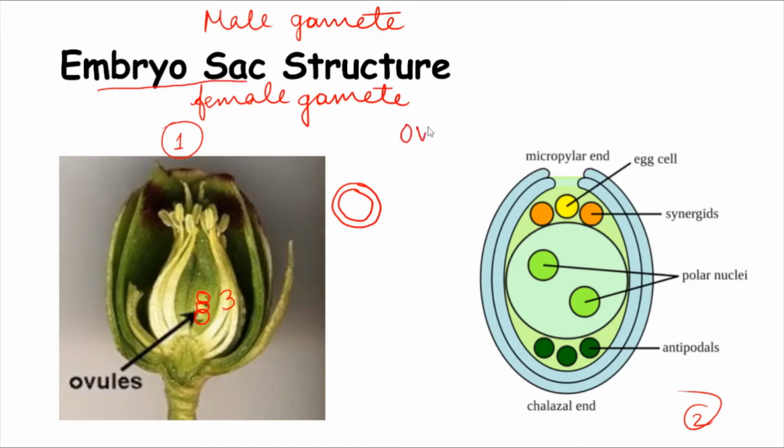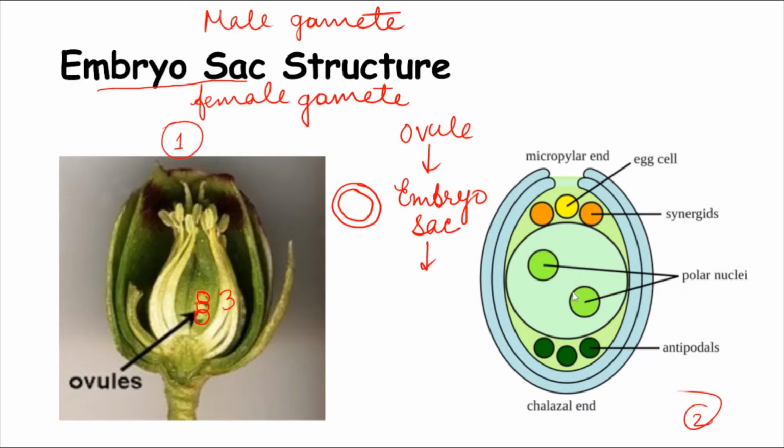That means we have the ovule first, and inside the ovule we have the embryo sac, and there is something inside the embryo sac as well, which I will teach you just now.